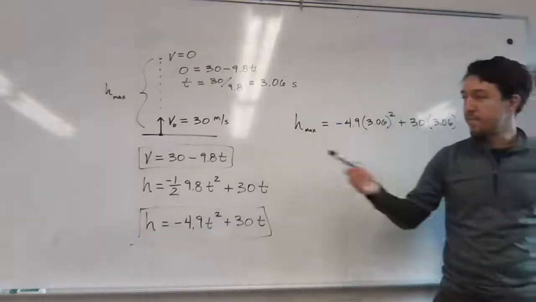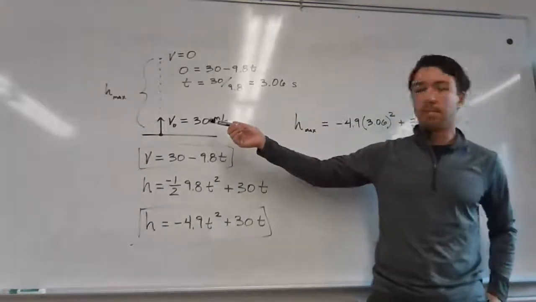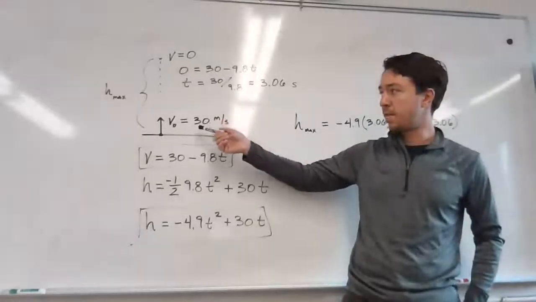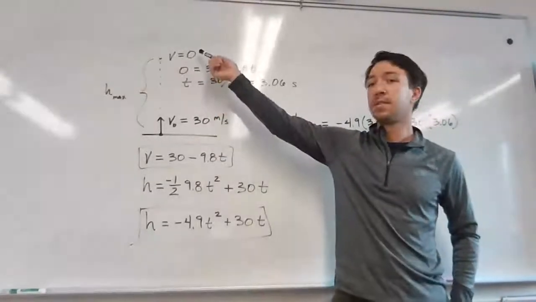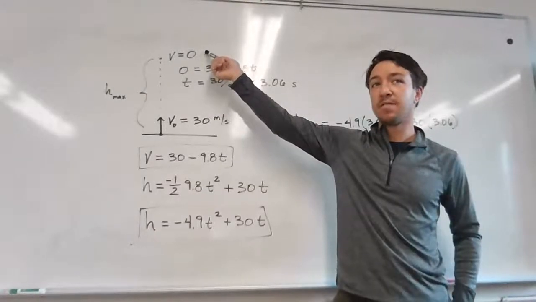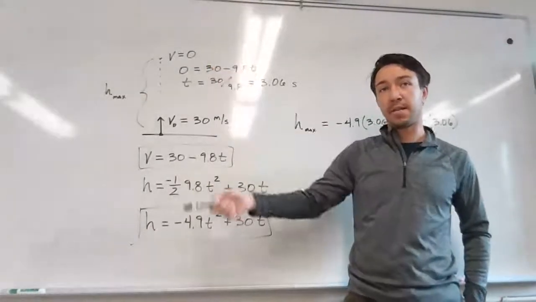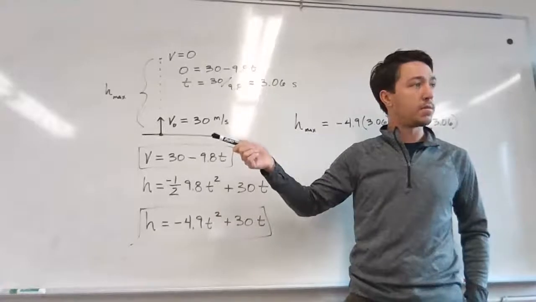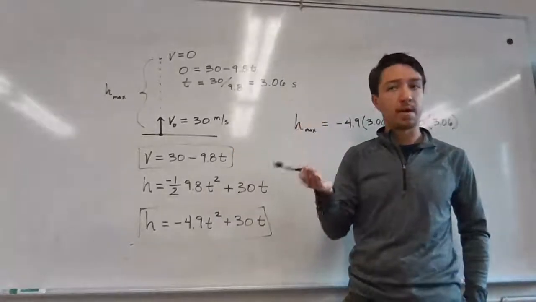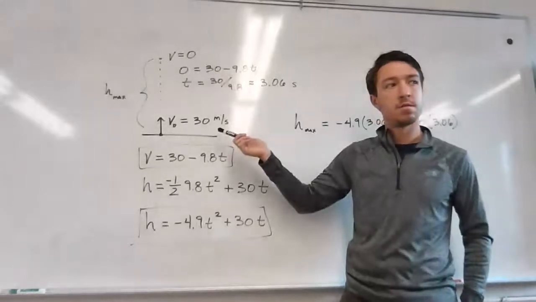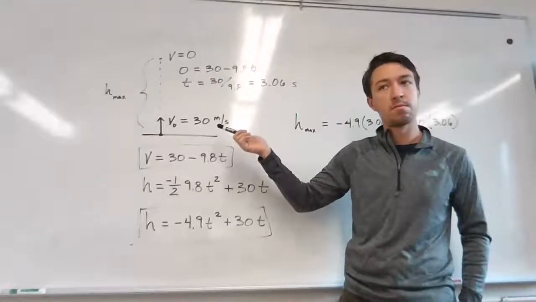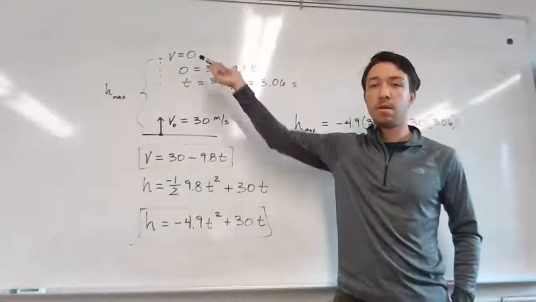No graph necessary. So think about my velocities. I started off at 30, and I ended up at 0. And that was during a period of constant acceleration, right? The acceleration was negative 9.8 the whole time. So what was my average velocity then? 15, halfway between 30 and 0.